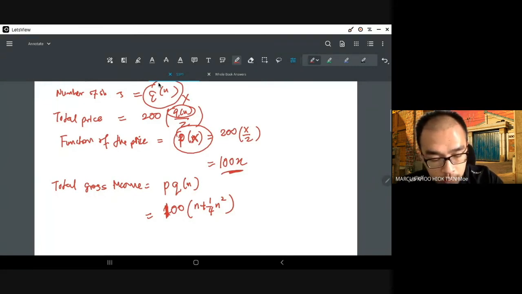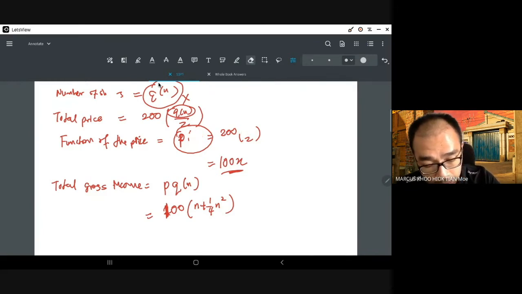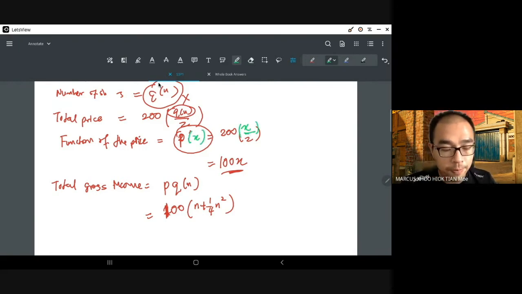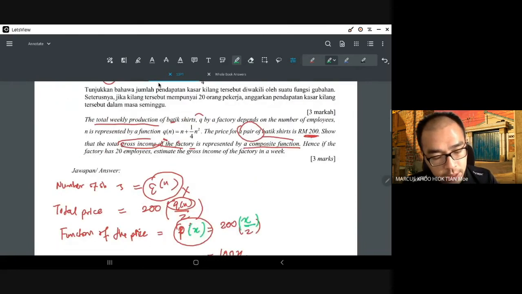In case you're not getting it, let me do a different color lah, just to help you to see it. So this is x and this is x over here. x over 2 lah. Sebab the total price is 200 or 100 Qn lah, which is basically this. So the question is if there are 20 employees, which means that this is n.